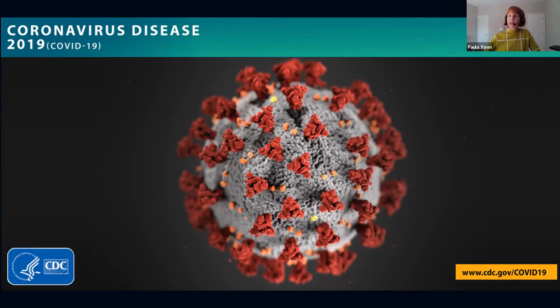CDC also makes available public use and restricted access data sets. These include person-level COVID-19 case data with demographics and other information. Sharing data for further research really helps to amplify the scientific impact of the data we collect.